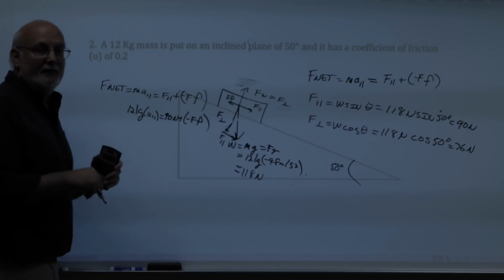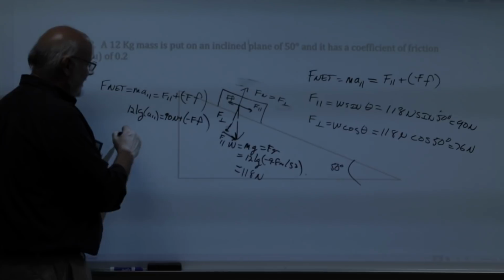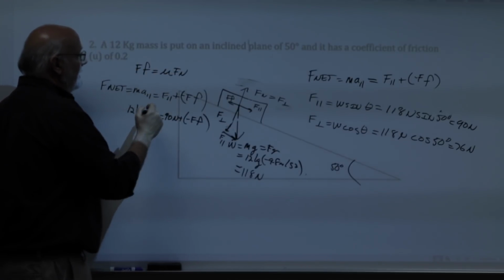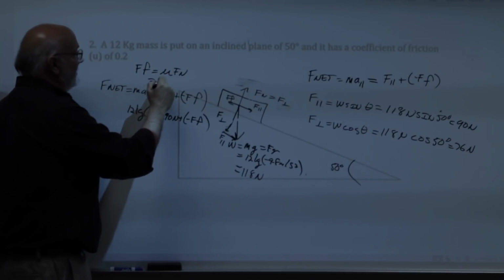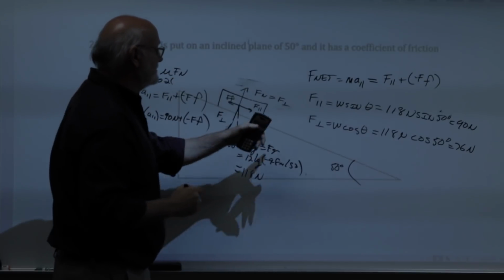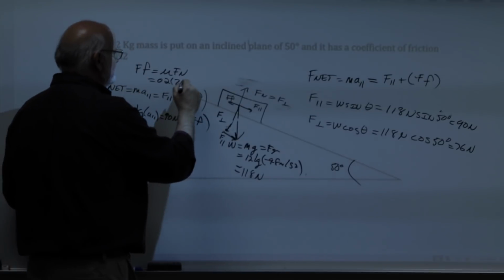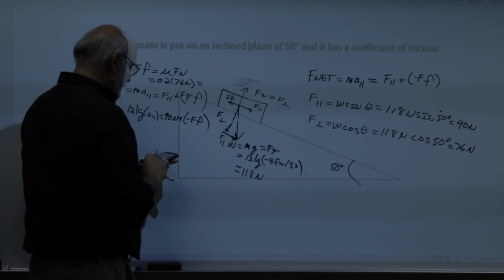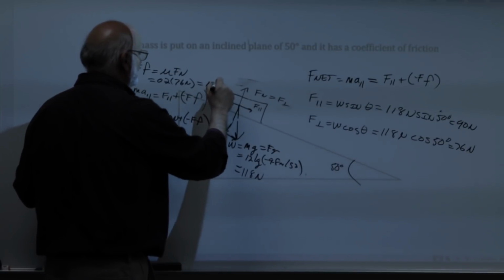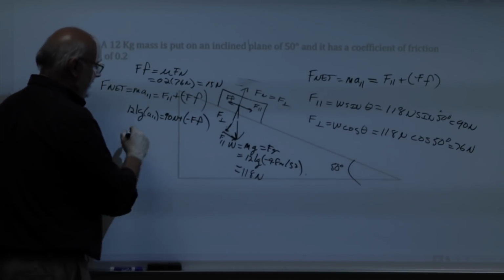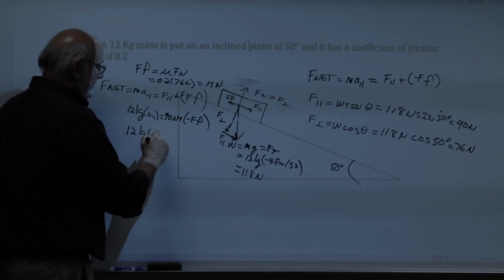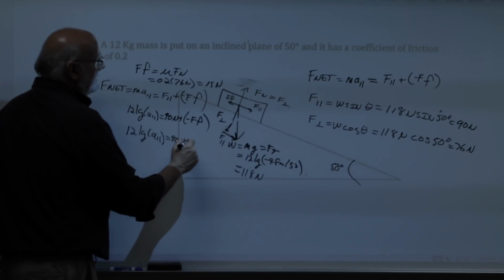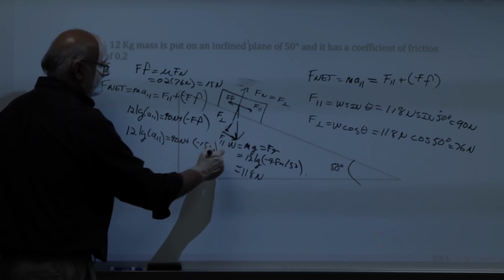Okay, so with this, now what we do is this. We say, hey, frictional force, that's mu Fn. Okay, not a problem, because we have the 0.2 times the normal, which is the perpendicular, 76 newtons. So we go 0.2 times 76, and we get 15. Now we put that in here: 12 kilograms, acceleration parallel, 90 newtons, plus here, the negative 15 newtons.